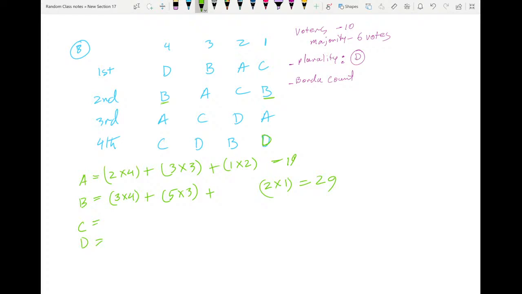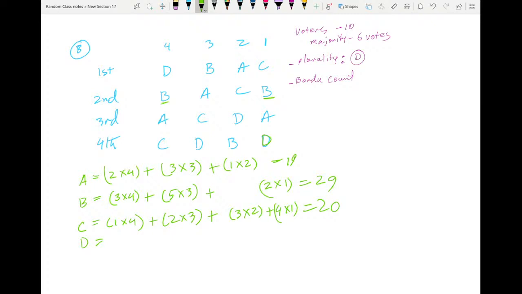Look at C. C got only 1 first place vote, 2 second place votes, 3 third place votes, and got 4 last place votes. So let's add that up. Oh, okay. C looks like it's in second place.